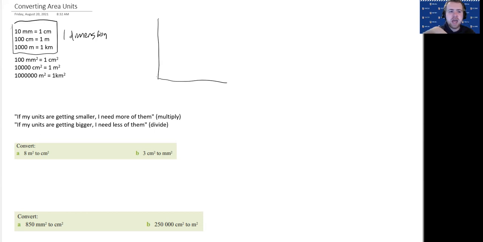Now, imagine this was 1 centimeter, and I wanted to break that down into millimeters. I would have to break it into 10 little bits: 1, 2, 3, 4, 5, 6, 7, 8, 9, 10. Not perfectly to scale, but we've broken down that one dimension into millimeters because there are 10 millimeters in a centimeter.